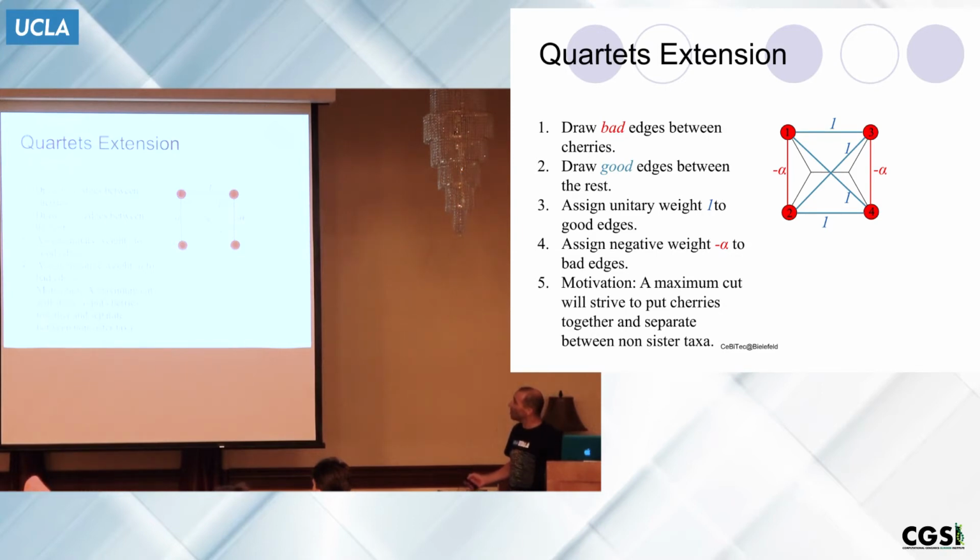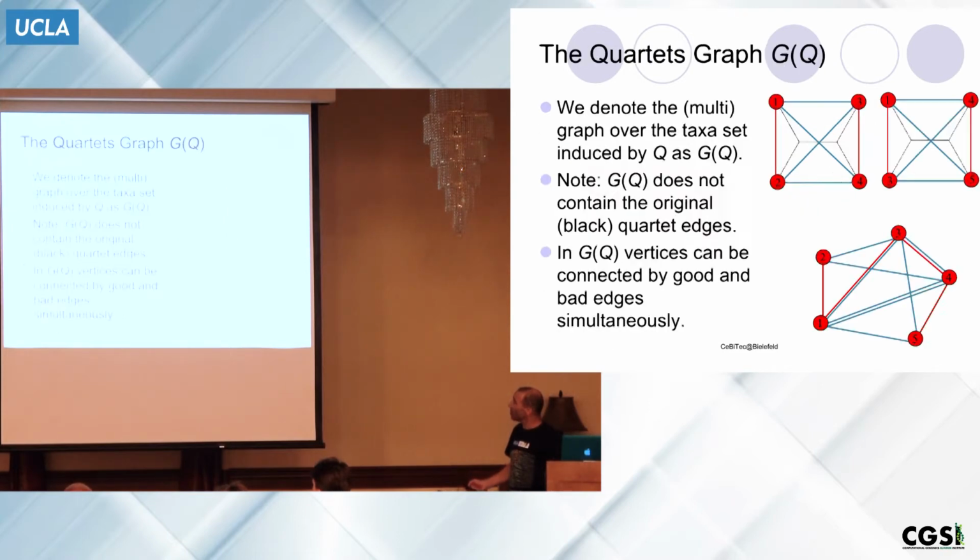The motivation is that a maximum cut will strive to cut these edges, but not to cut these edges. We denote this graph G of Q. Here are our quartets, and this is G of Q.